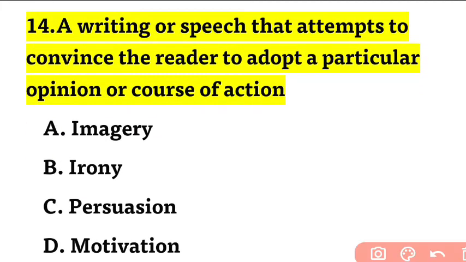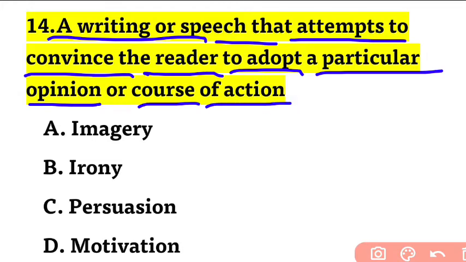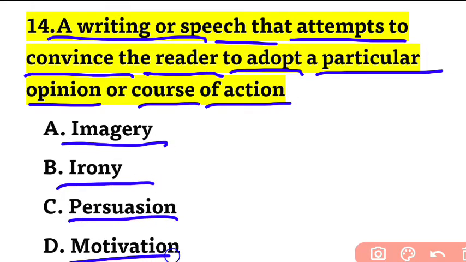Next question. A writing or speech that attempts to convince the reader to adopt a particular opinion or course of action. Options: imaginary, irony, persuasion, motivation.